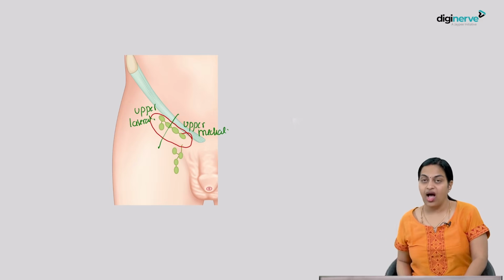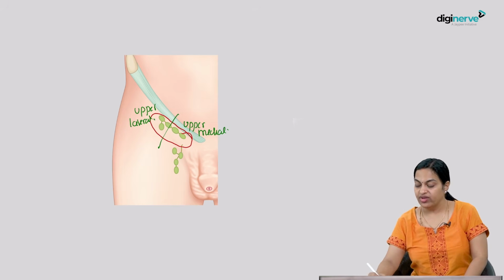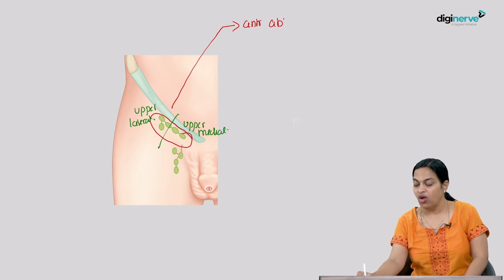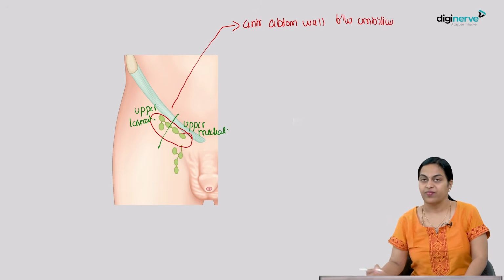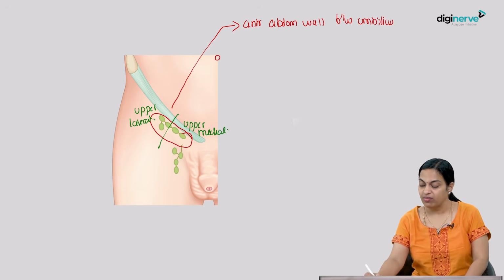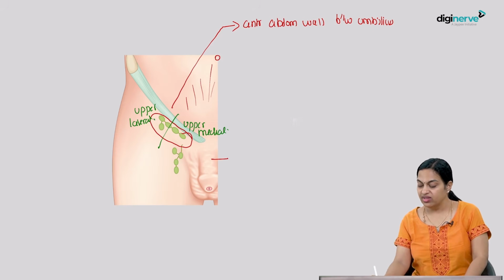The upper medial group receives afferents from the skin and subcutaneous tissue of the anterior abdominal wall below the umbilicus. Imagine this is the umbilicus, this part of the area, and then this is the penis, and behind that you see the scrotum.